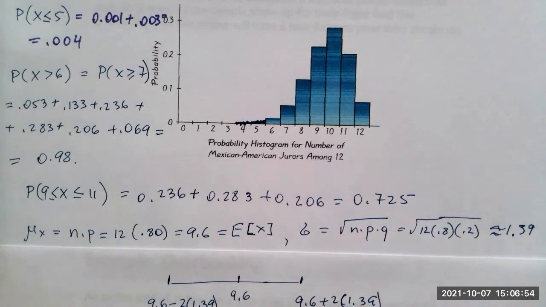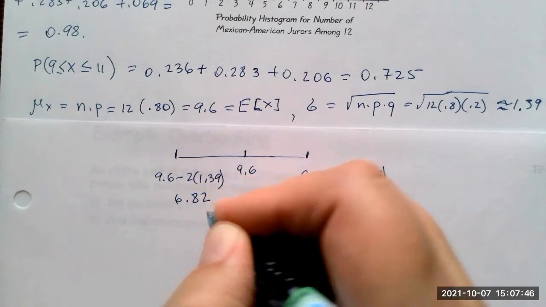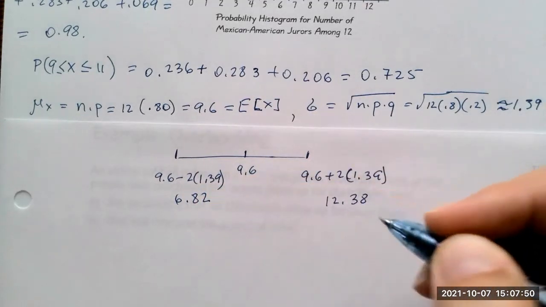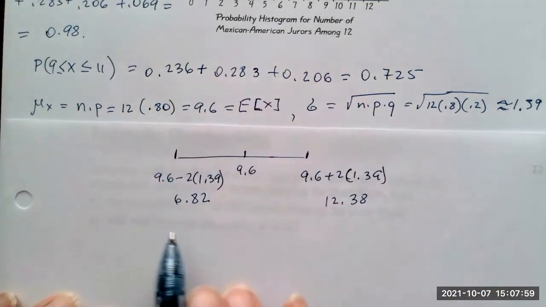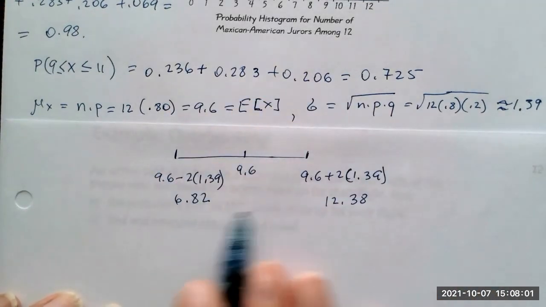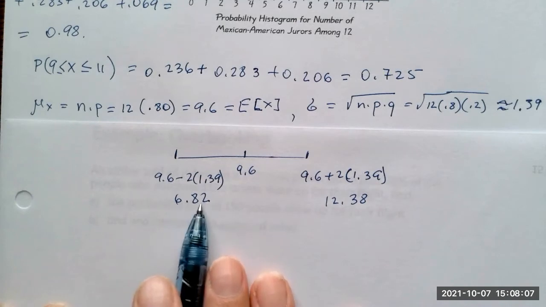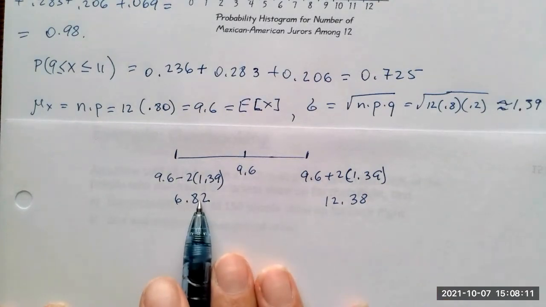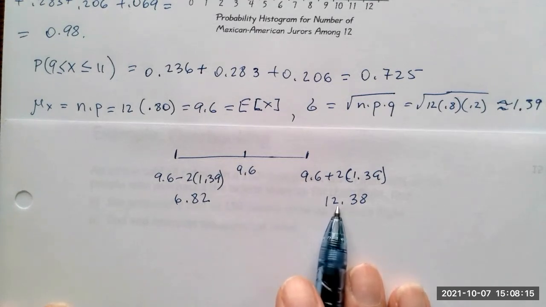Those values are 6.82 and 12.38. So we can expect the number of Mexican American jurors among 12 to be a number between 6.82 and 12.38.